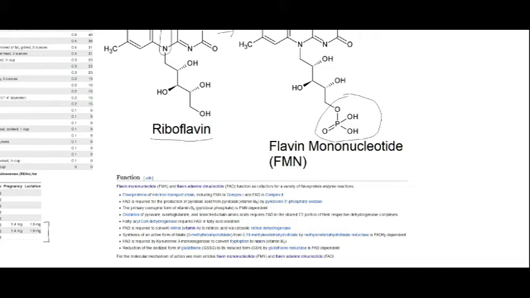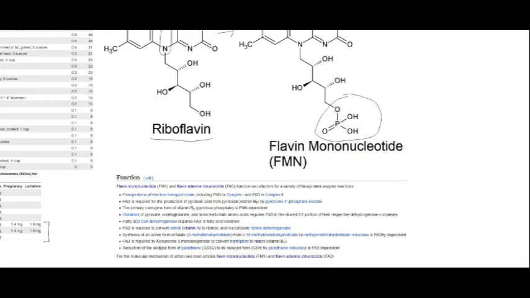So flavoproteins are part of the electron transport chain. I will get into painstaking detail of the electron transport chain in later videos, so I'm not going to go into that here.